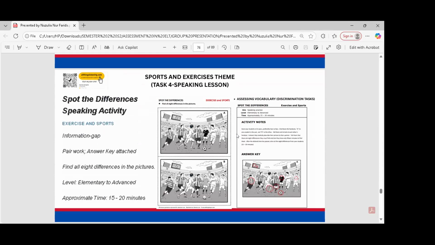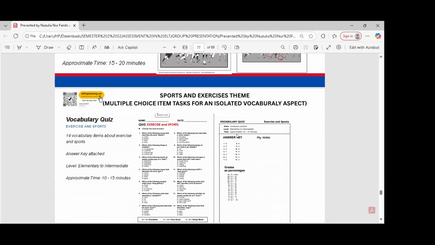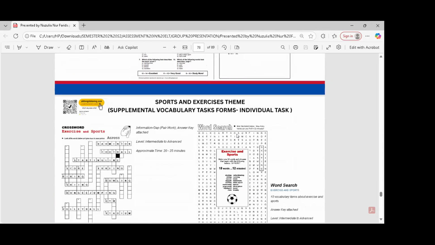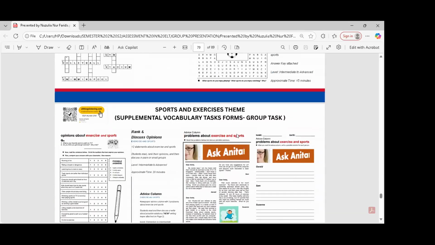So here is the speaking activity. The speaking activity also integrates the aspects of speaking into multiple choice item tasks. And this is for a vocabulary assessment or task.